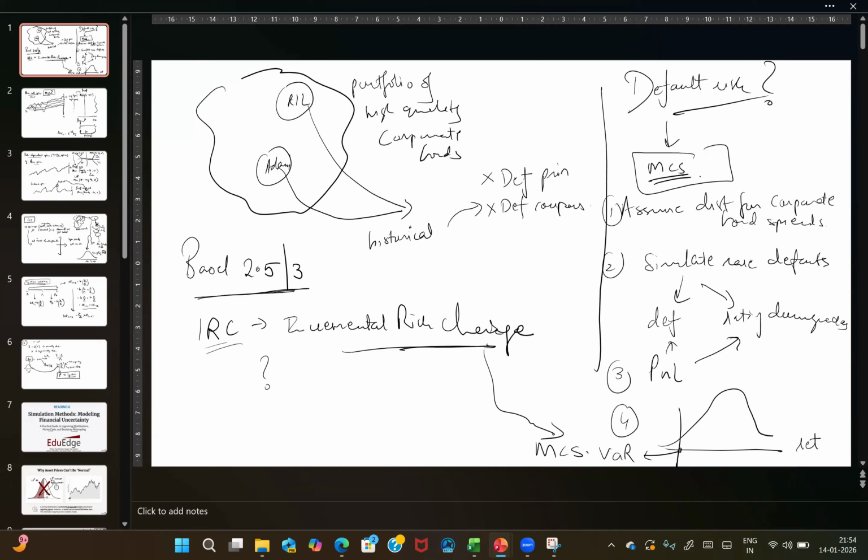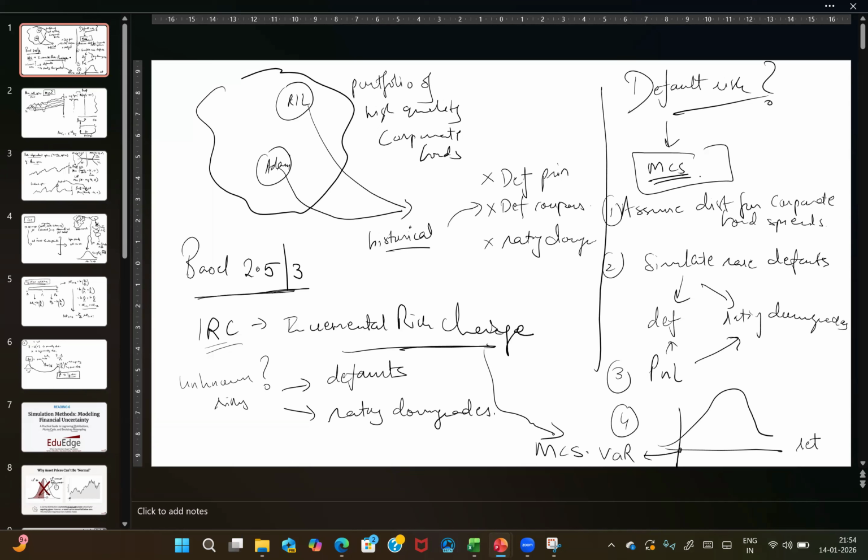So here, what kind of risks are we capturing? We are capturing unknown or unseen risks. Like what? Like defaults and rating downgrades. Usually, a lot of times for high quality companies or bonds of high quality companies, there is no historical precedent of seeing defaults or seeing rating downgrades.